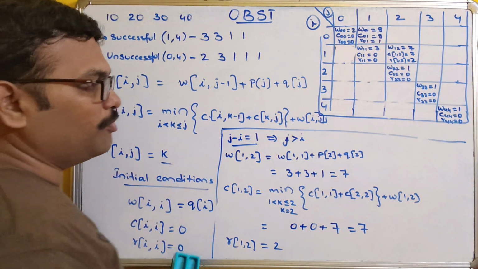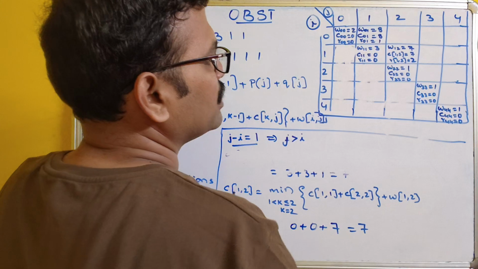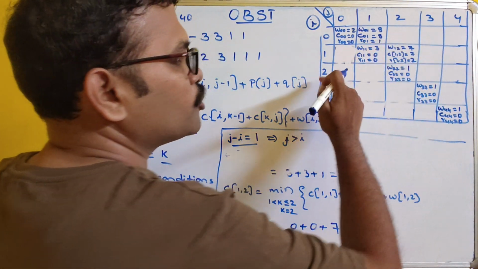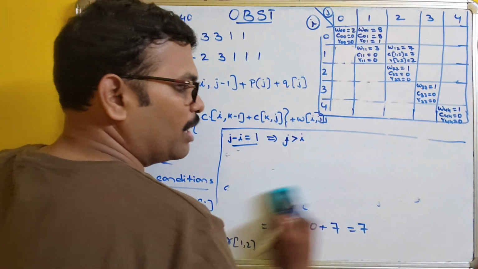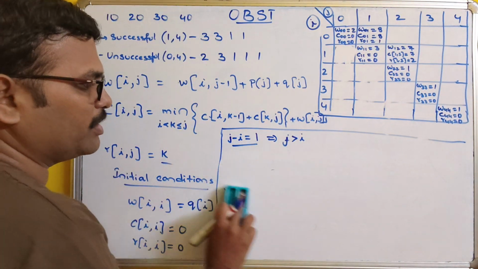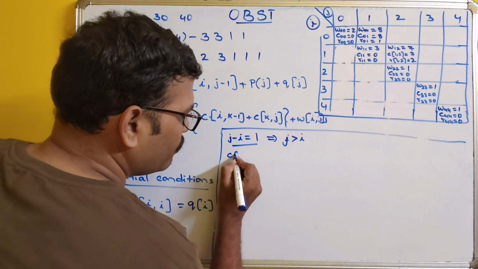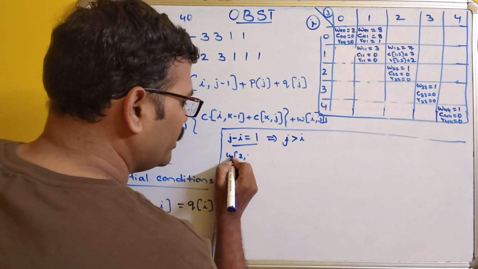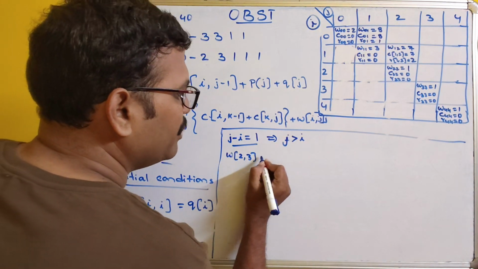Right? Now, one more thing, that is 2, 3. This place. This will also be 3 minus 2, 1. So we need to calculate C of 2 comma 3. First we need to find out the weight, because we have to add this weight in the C cost.